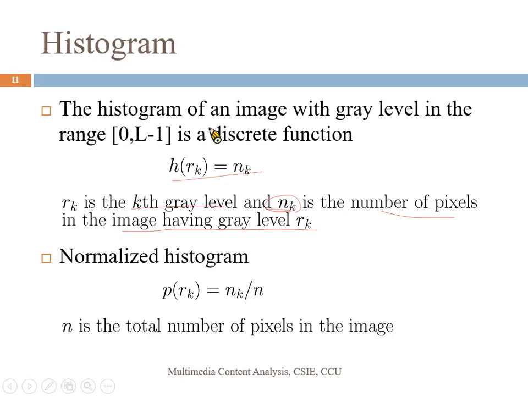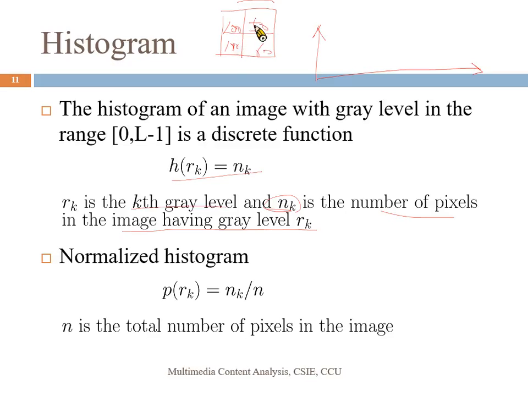Let's give an example. Say we have an image here, maybe just 4 pixels, and for example this pixel has intensity value 100, this is 50, this is also 100, and this is 60. To construct the intensity histogram, we count the number of pixels at each value.